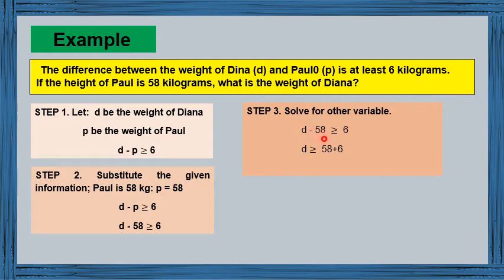We're going to use the addition property of inequality, since the opposite of subtraction is addition. So therefore it becomes positive 58. Or in shortcut, transpose negative 58 to the right side, change the sign, it becomes positive 58. And then we're going to combine 58 plus 6, and that is D greater than or equal to 64.